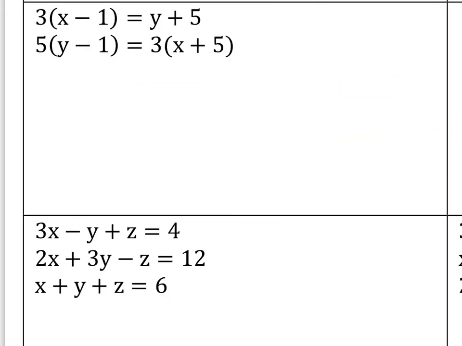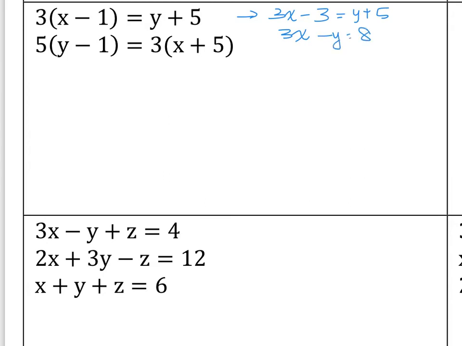Okay, let's take a look at another example. In this case, you need to rewrite both equations in standard form. So this would be 3x minus 3 equal to y plus 5. And then that would give you 3x minus y equal to 8.